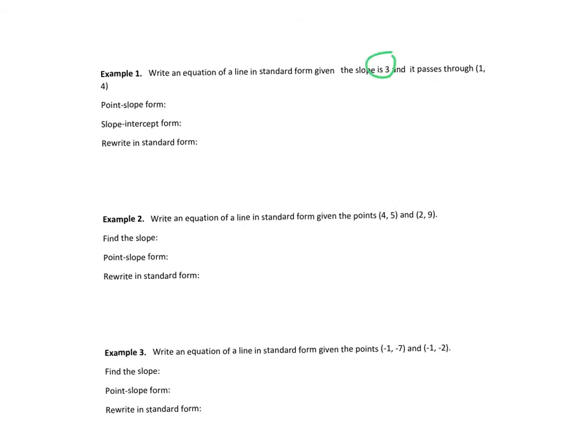Write an equation of a line in standard form if the slope is 3 and it passes through 1, 4. First I'm going to show the progression. I write it in point-slope form first, since I have a point and a slope. So it's y minus 4 equals 3 times x minus 1.